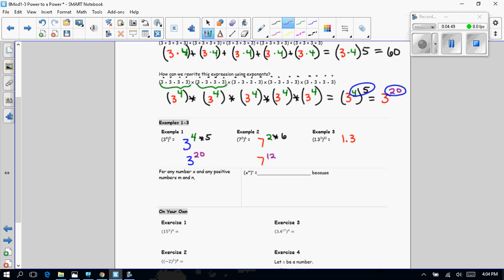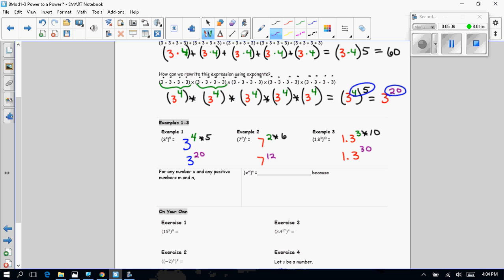1.3 to the 3 times 10 power. Well, what's 3 times 10? So it's 1.3 to the 30th power. So what do you think the rule is?